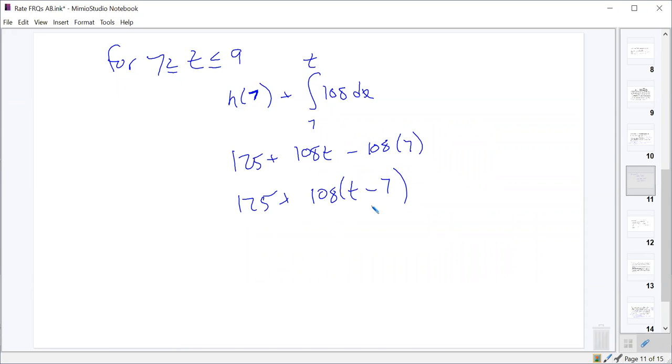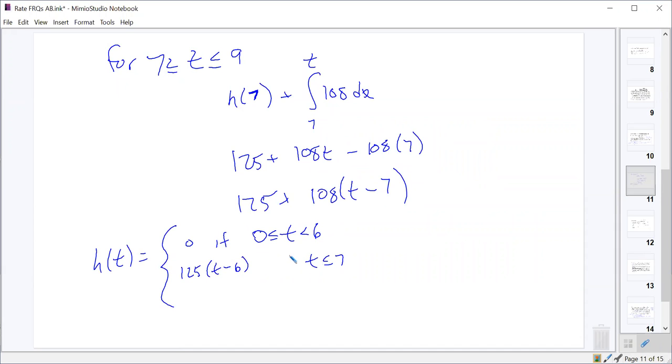And so we would then write out our function as h of t is equal to 0 if t is less than 6, greater than or equal to 0. It's equal to, what was it, 125 times t minus 6, I think is what we had for the next one. That's just less than 7.